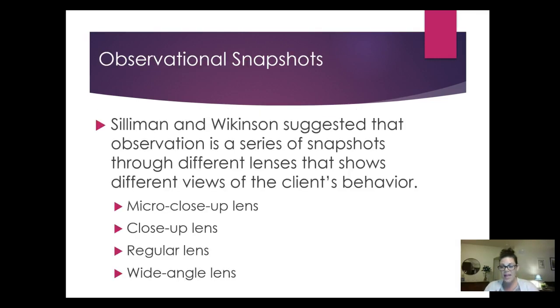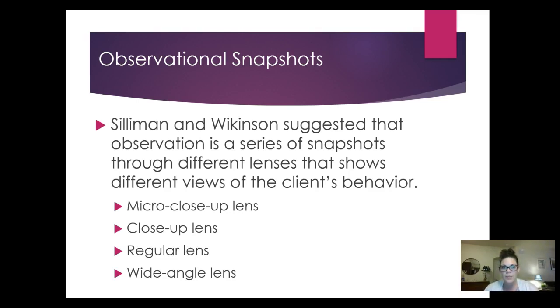Okay, and then how do we do that? How do we use our observation skills to help modify the client's behavior or the client's difficulties, the client's weaknesses, whatever the delay or disorders are?